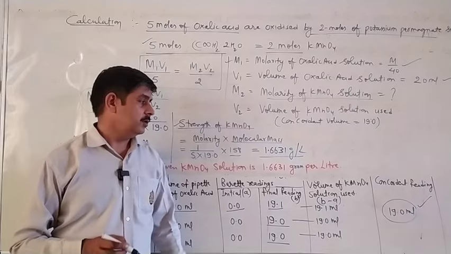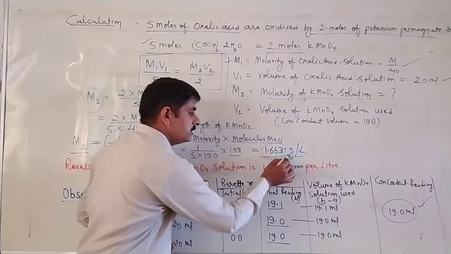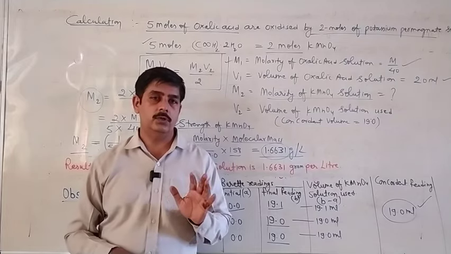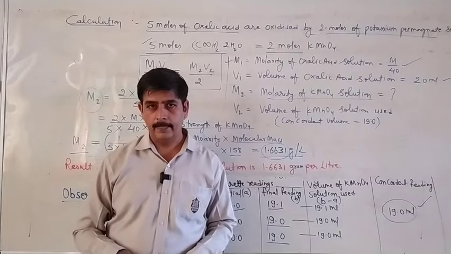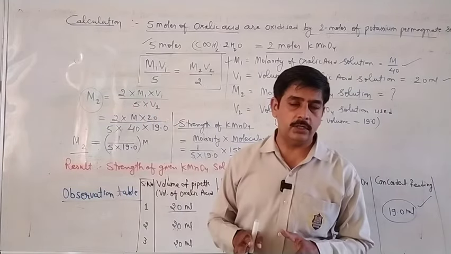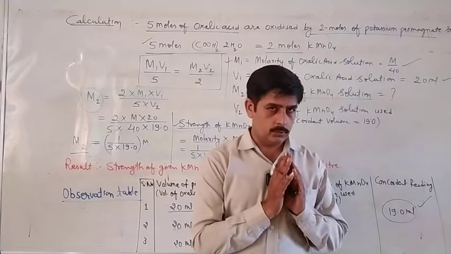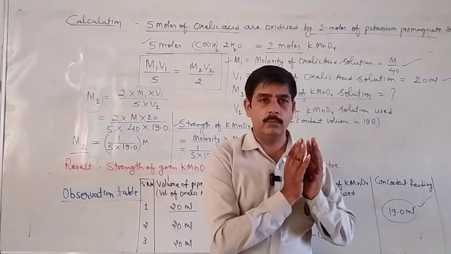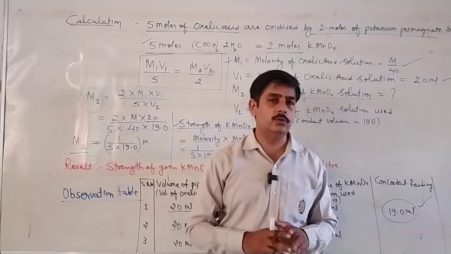It says that in 1 liter of solution, 1.6631 gram of KMnO4 is dissolved. That is called the strength of the KMnO4 solution. The purpose of this titration was to calculate the mass of KMnO4 solute dissolved in the total solution.